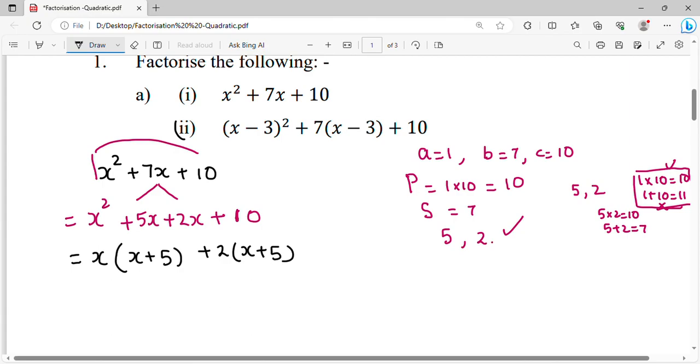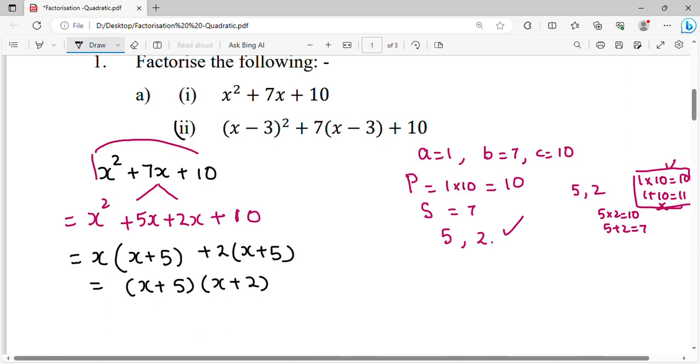So this is group factorization, which is x plus 5 times x plus 2. Alright, so basically this job has been done. Now, once you identify this, you will see that later on there could be complicated questions, but it becomes very simple if you understand the strategy.